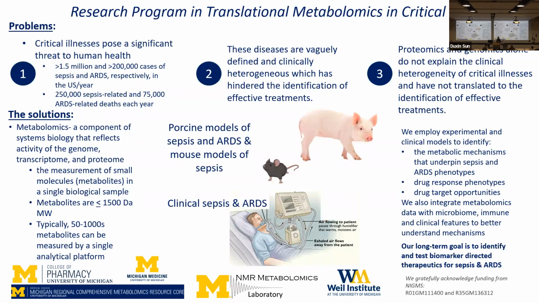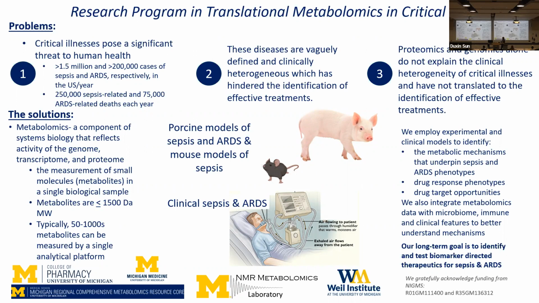So I run a research program in translational metabolomics and critical care, and there's a lot on this slide. So I'll point out a few things. Despite it being in critical care, our focus is primarily sepsis and ARDS, which affects over 1.5 million people in the US each year.